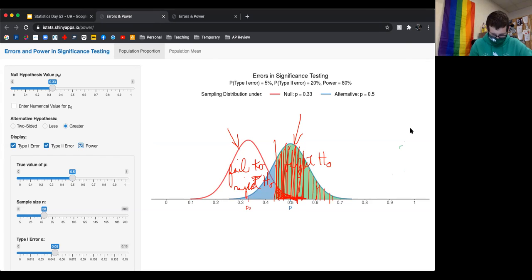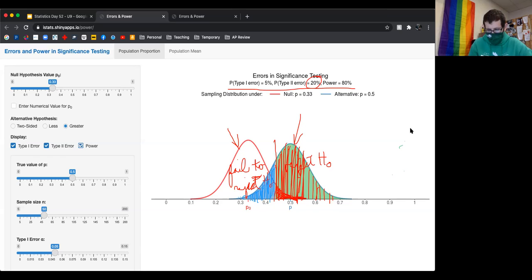So all the blue lines that I'm about to draw in here represent your failing to reject the null hypothesis. All the red lines represent you correctly rejected the null hypothesis. It turns out in this case, and I'm going to go back up to these percents at the top, with these particular parameters plugged in, there is a 20% chance that we are going to fail to reject the null hypothesis.